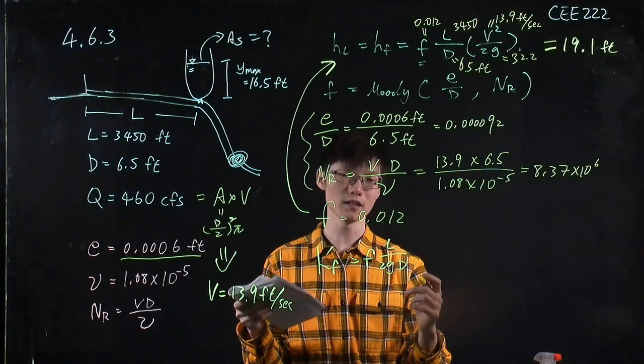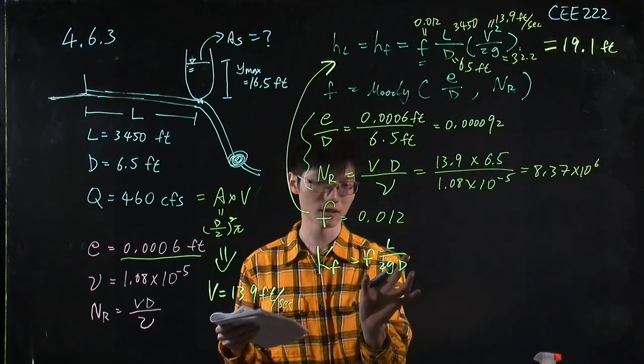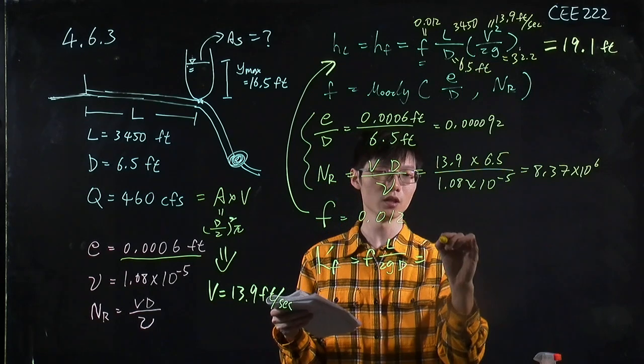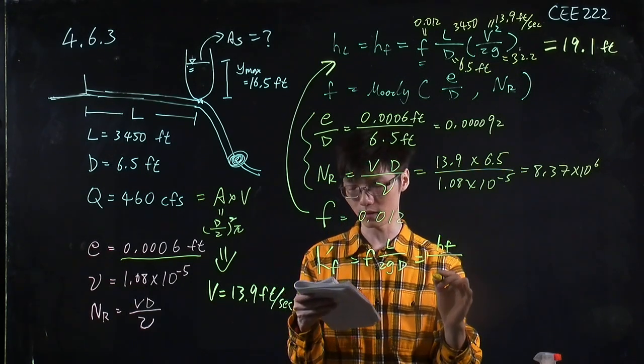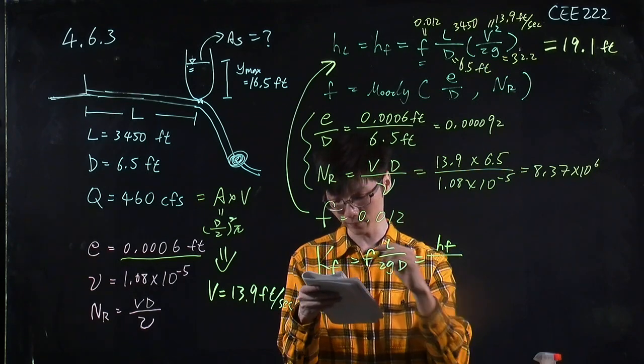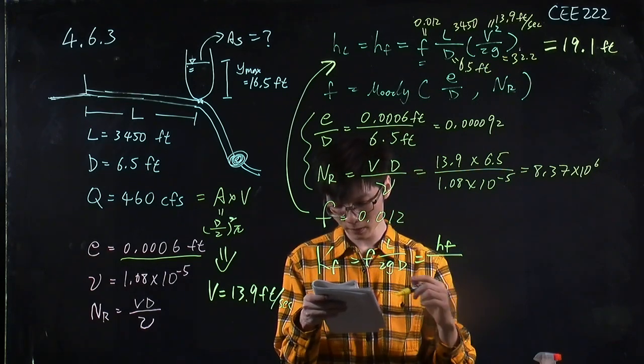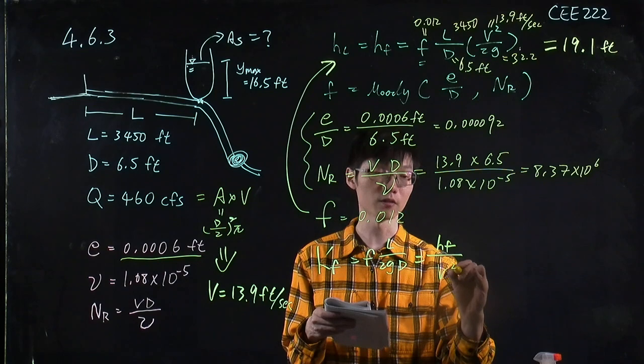So basically, this Kf is equal to the friction head loss divided by the velocity squared.